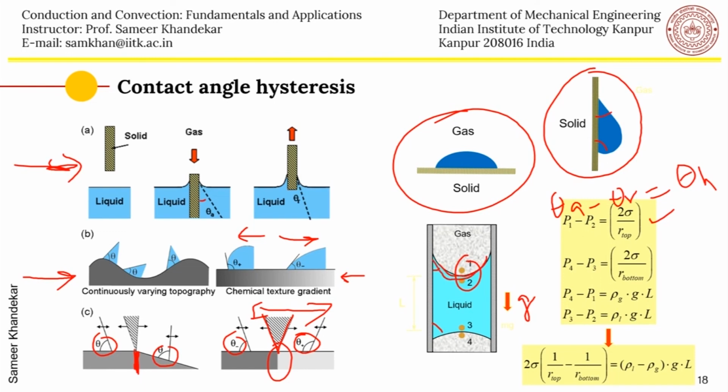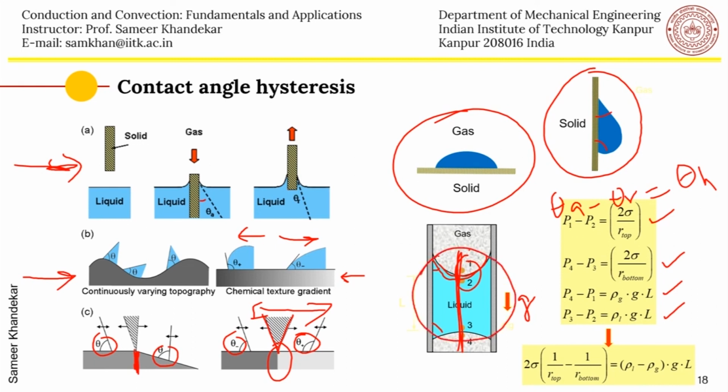If you keep it, it will not move downwards. Because of this contact angle hysteresis, that is 2 sigma times (1 by r top minus 1 by r bottom), this capillary pressure difference gets created because hysteresis is taking place, and this capillary pressure difference supports a certain length of the plug, or the weight of the plug.